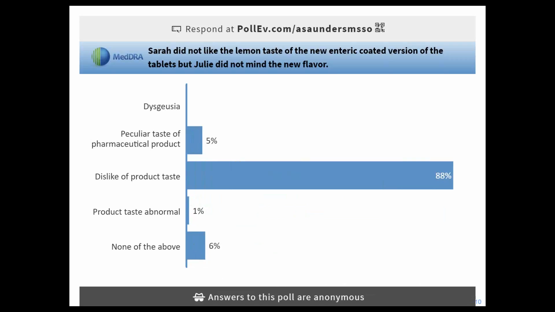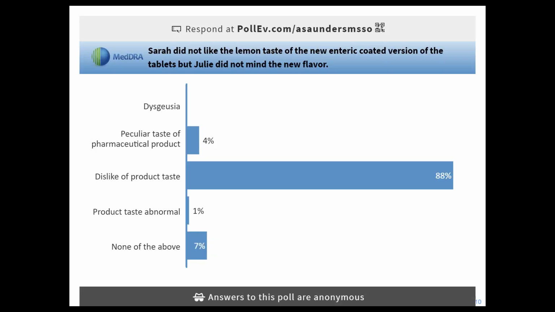Well, I think the question here is whether there's a problem with the taste, or is it just that the taste has changed and this lady doesn't like the new flavour? Because of the way it's worded, Julie did not mind the new flavour, but Sarah did not like the lemon taste. So there's nothing wrong with their sense of taste, and we're not going for the dysgeusia taste or the peculiar taste of the product.